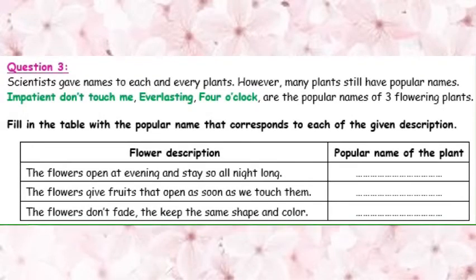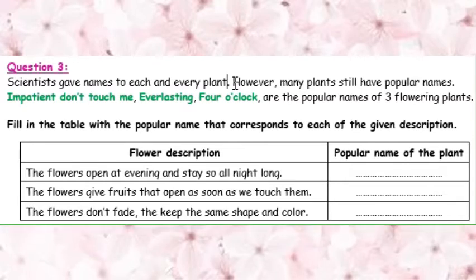Scientists gave names to each and every plant. However, many plants still have popular names like impatient, don't touch me, everlasting, 4 o'clock. These are three popular names of three flowering plants.